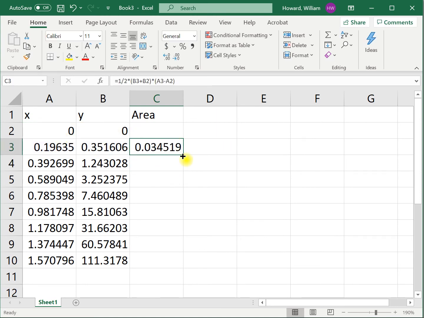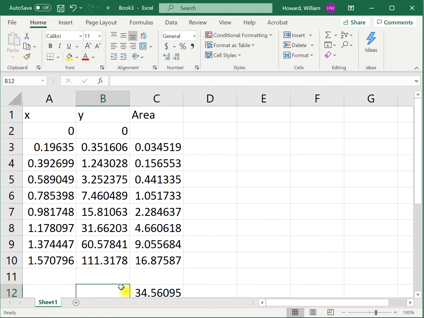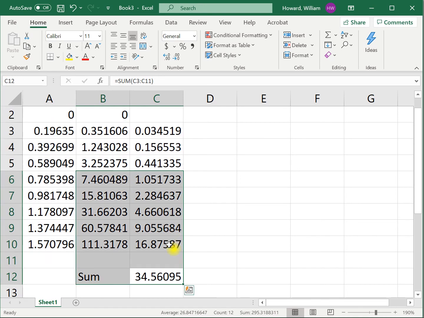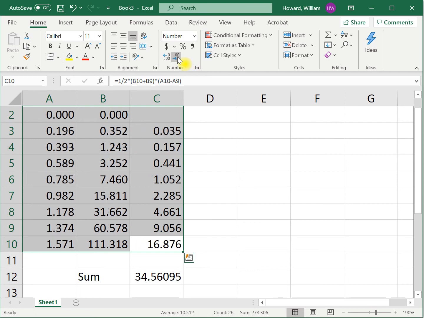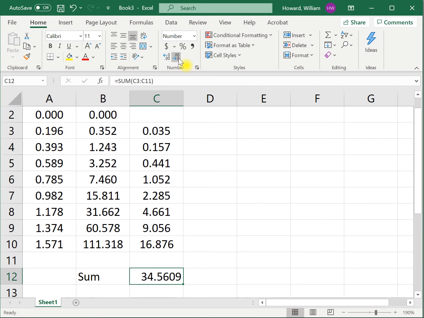And I'll copy that formula down. And at the bottom, let's sum that up. And so there is our answer, 34.561, let's call it. We can get that down to say 3 decimal places and center that up. So there's our answer.